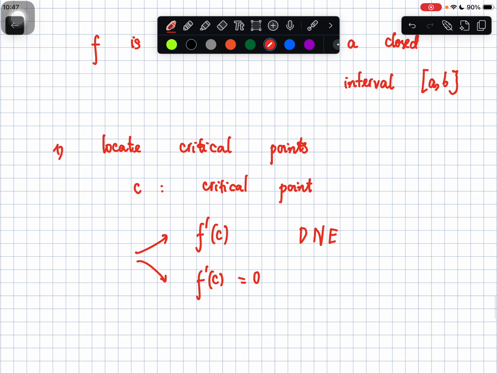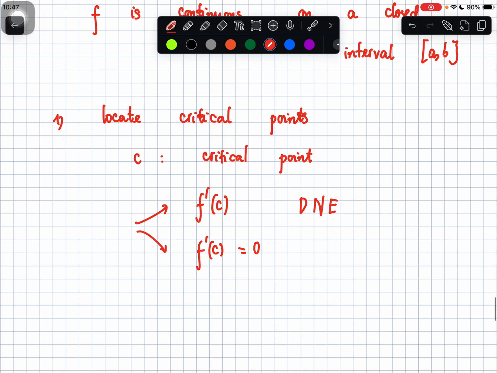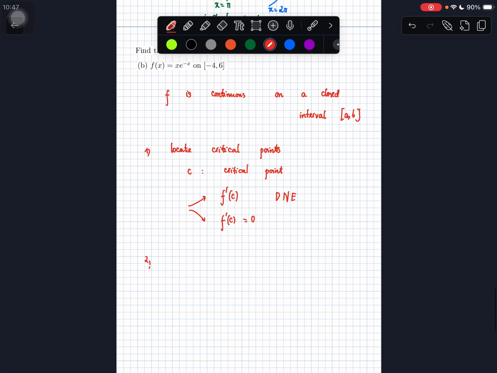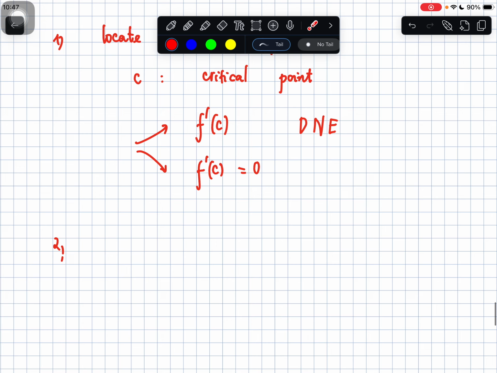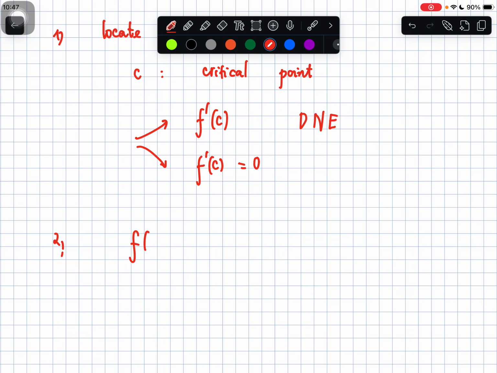So you locate all the critical points you have. And second, you compute the value of f at the two endpoints, f of a and f of b.